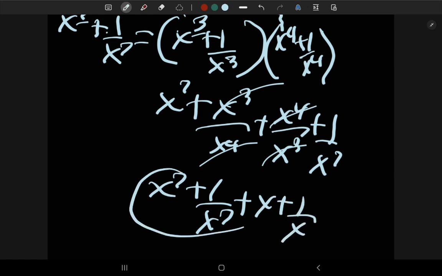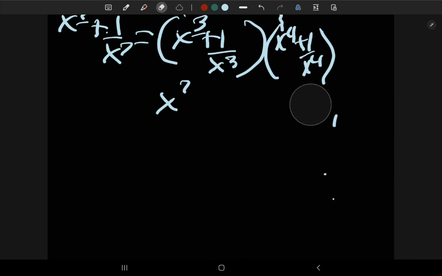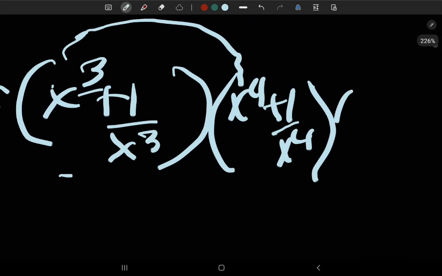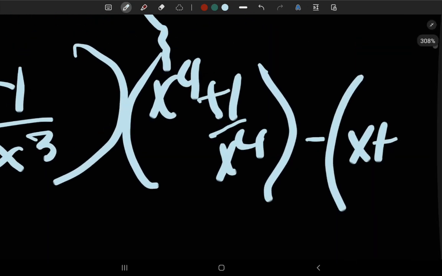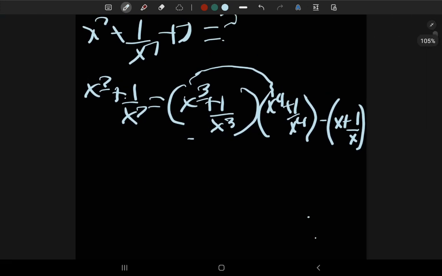But we only want the x to the 7 plus 1 over x to the 7, not the x plus 1 over x. So what can we do to get rid of it? We can simply subtract x plus 1 over x.